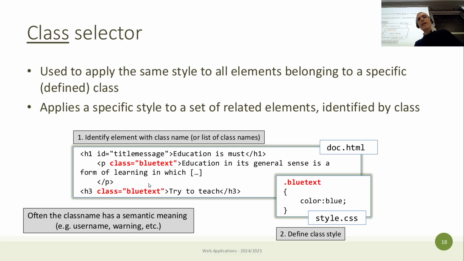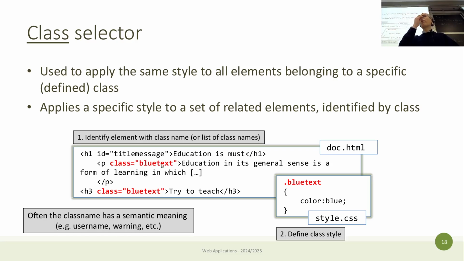So basically, I can create a style. There's a certain name that I as a developer decide, and it will be applied to all elements where I put class equal to this name in the HTML.